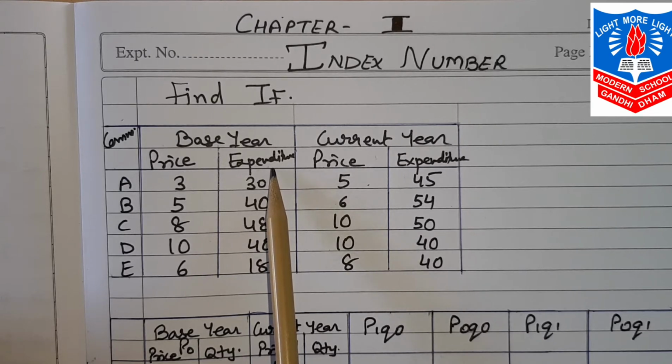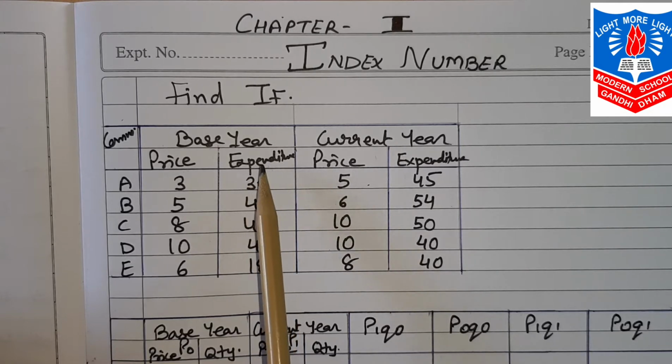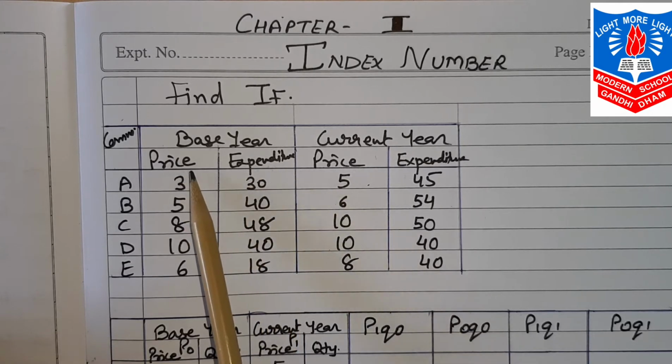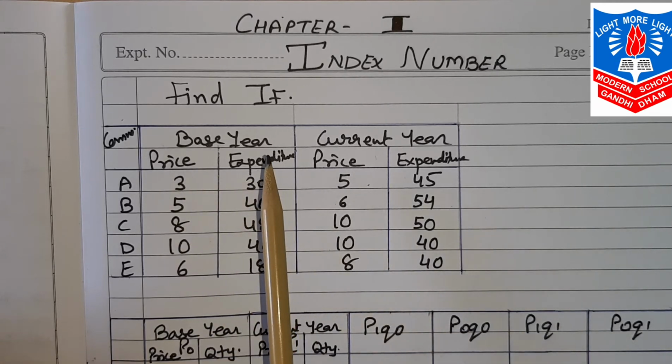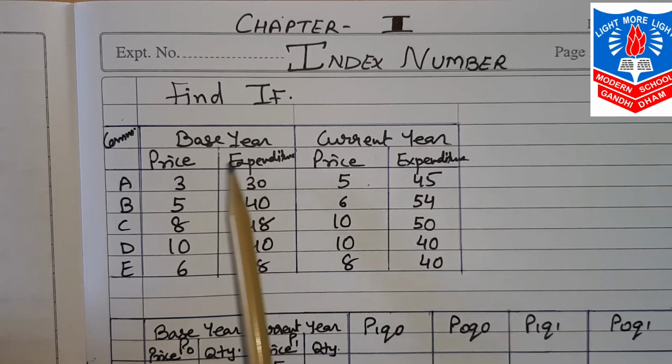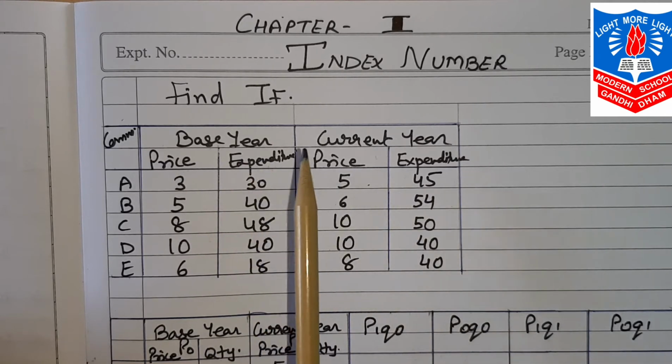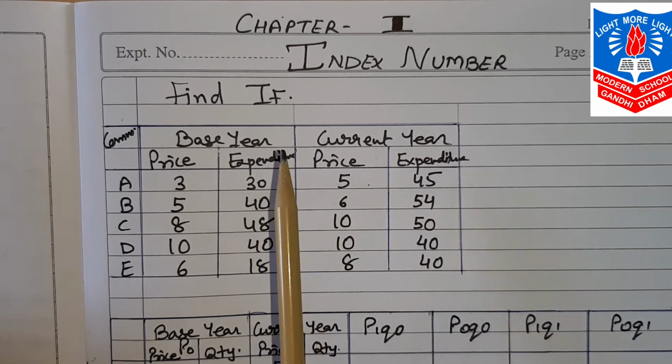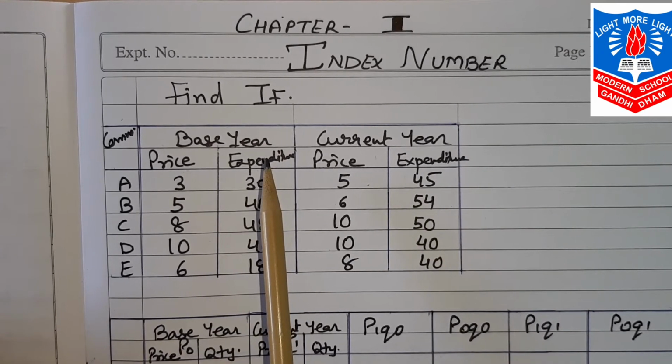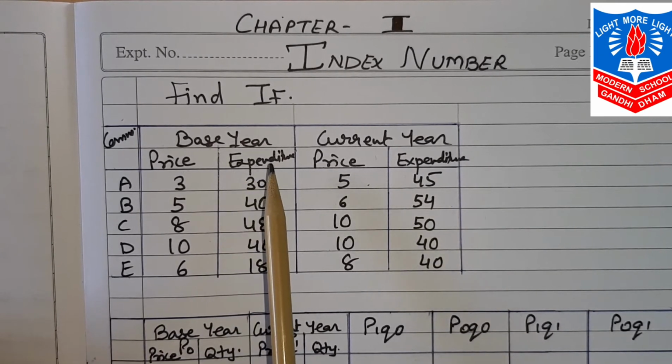Whenever you get this type of sum, always first check whether expenditure is given or quantity is given. Sometimes along with expenditure, instead of price, quantity will be given and price will be missing, or price and expenditure will be given and quantity will be missing. So check first and then start solving.